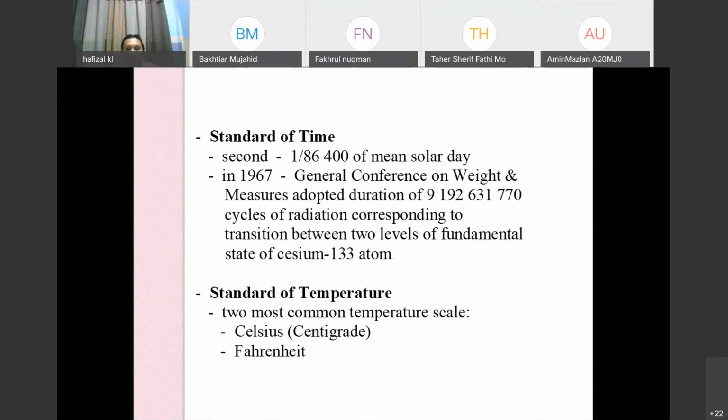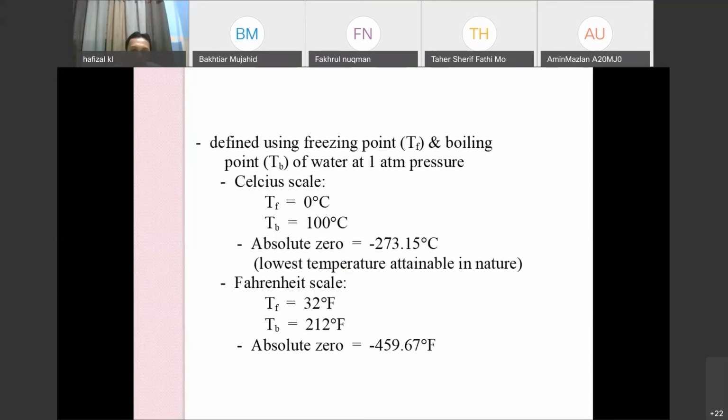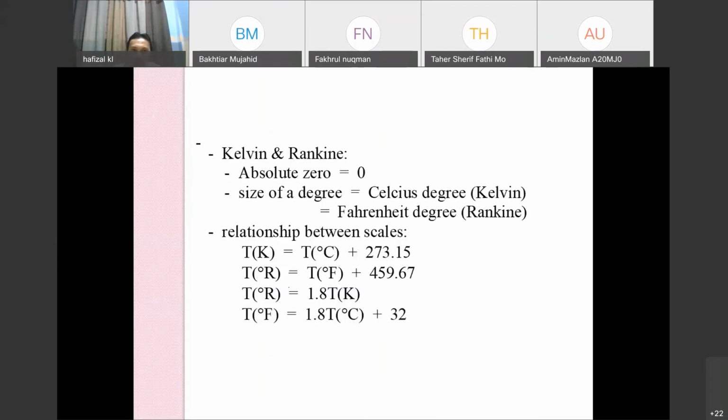So in temperature, there are several measurement temperature units. Okay, Celsius, Fahrenheit, Rankine, and the conversion units from Fahrenheit to degree Celsius, from Fahrenheit to absolute zero, from Fahrenheit to Rankine or something. And then we have Kelvin.